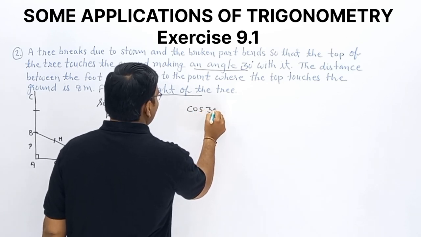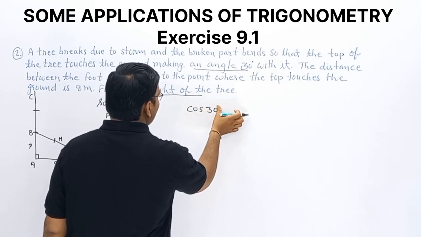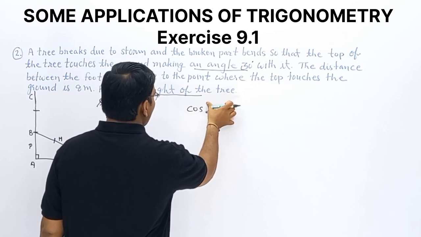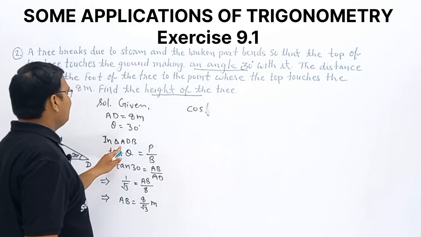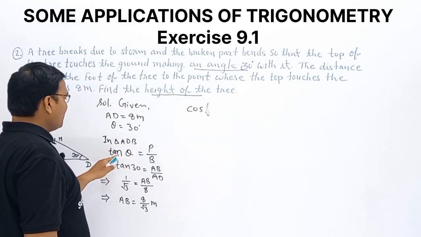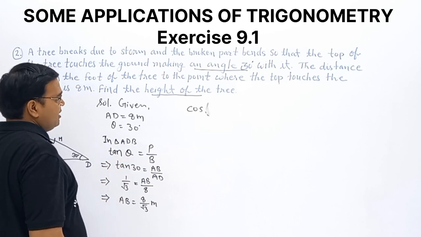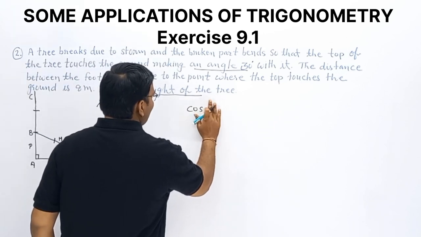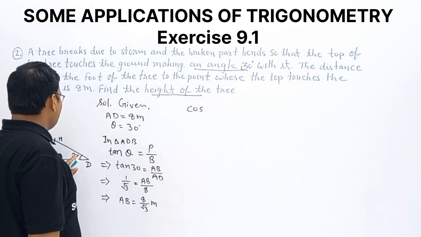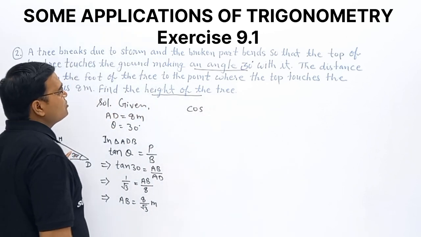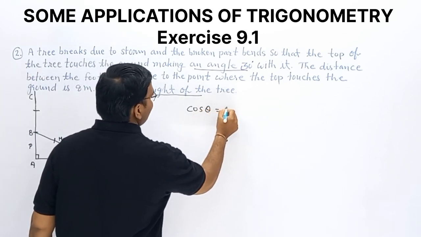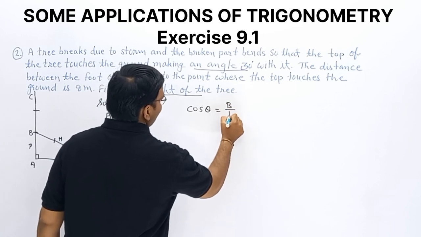In the same triangle ADB, first we obtained tangent theta and got this part AB. But now in the same triangle I am using another trigonometric ratio: cos theta can be written as base upon hypotenuse.